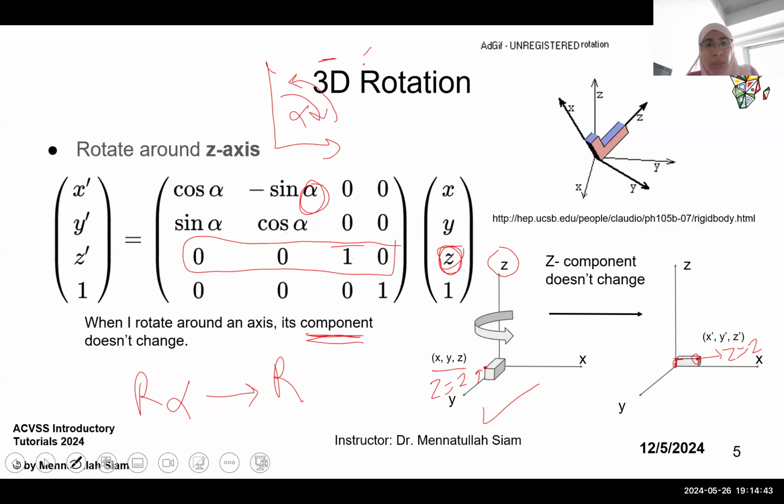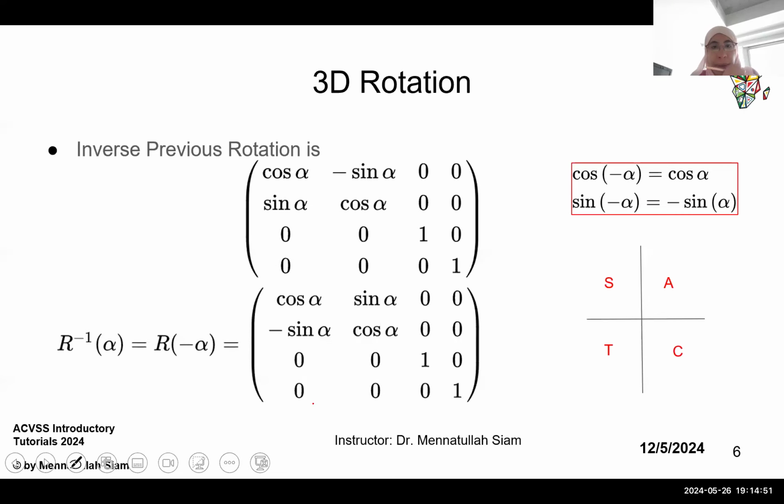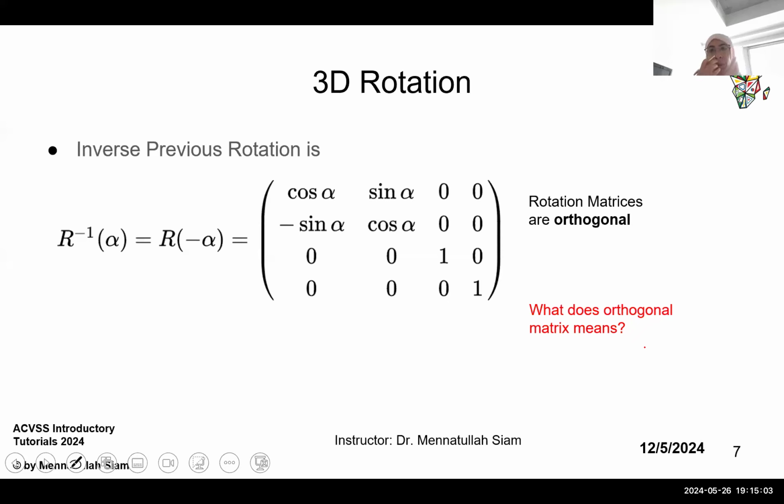I see someone responded. So exactly, Asala, thank you. Negative alpha. So this is how you would do it. Rotating with negative alpha, which is the inverse, is just cosine, sine, negative sine, cosine. And these are simple trig rules you can remember on your own.